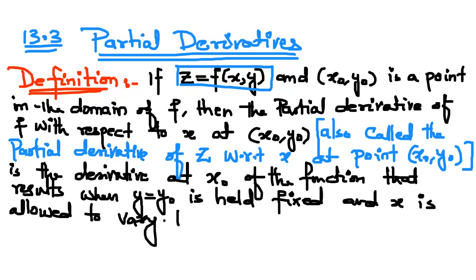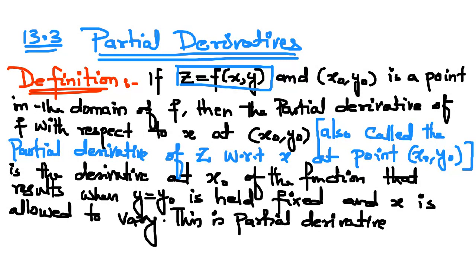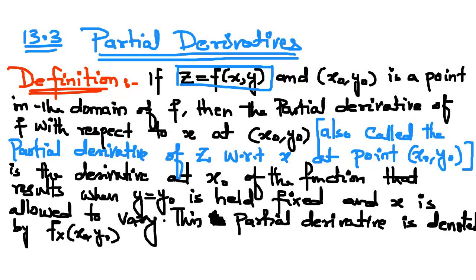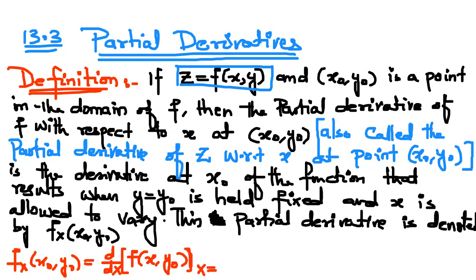Okay, so this is the partial derivative. This partial derivative is denoted by f of x at point x naught, y naught, and also you can have the notation f of x, x naught, y naught, which is also equal to d by dx of the function at point x, y naught, and here you will write x is equal to x naught.